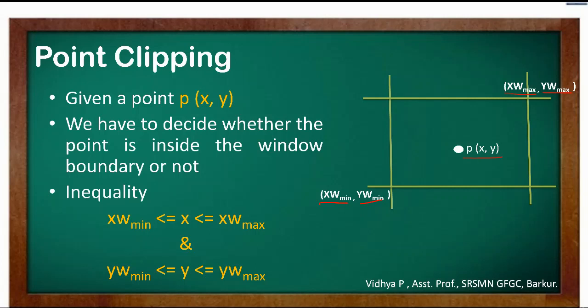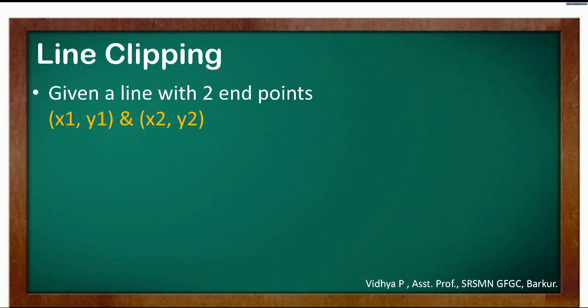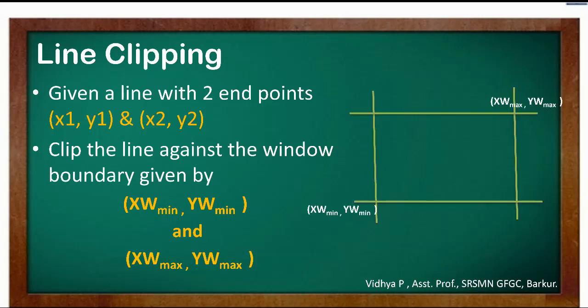Line clipping. Given a line with two endpoints x1, y1 and x2, y2, we have to clip the line segment against the window boundary given by the window xw min, yw min and xw max, yw max. Let us consider this particular window. If the line is completely inside, that is both the endpoints are inside, then we say the line is completely inside.